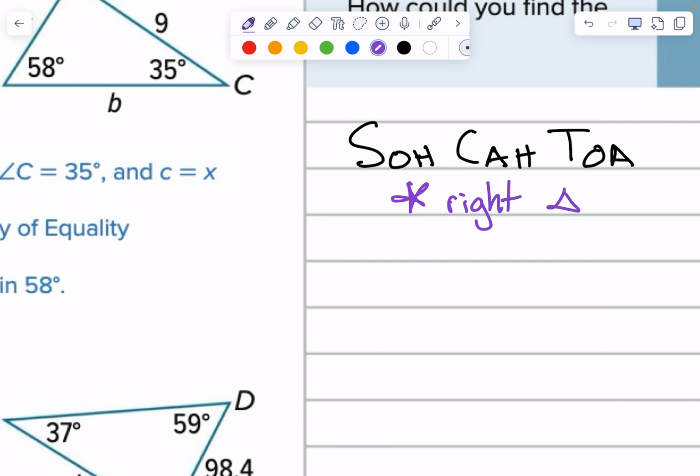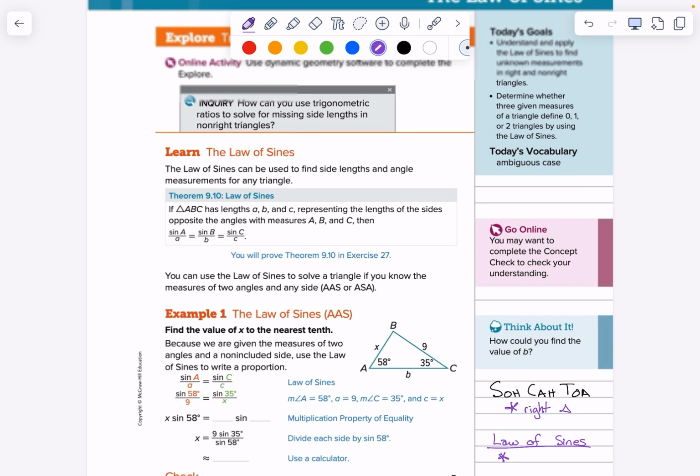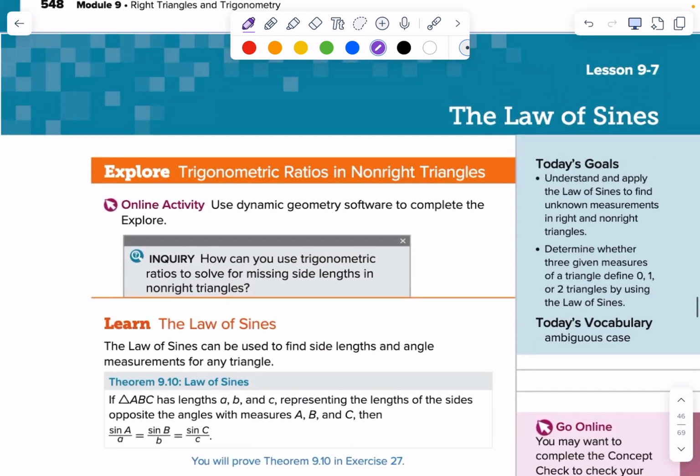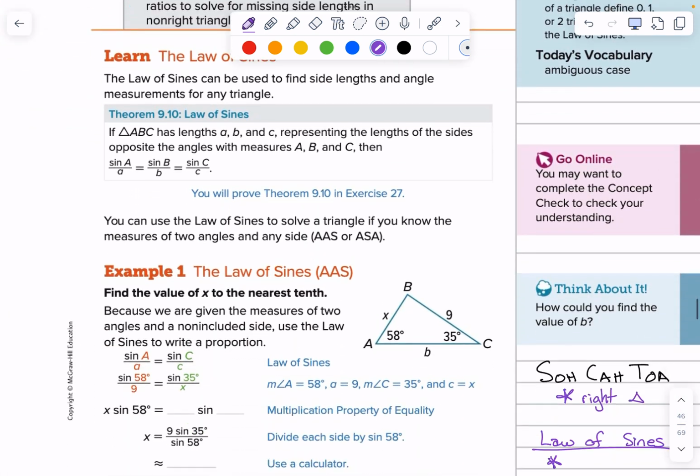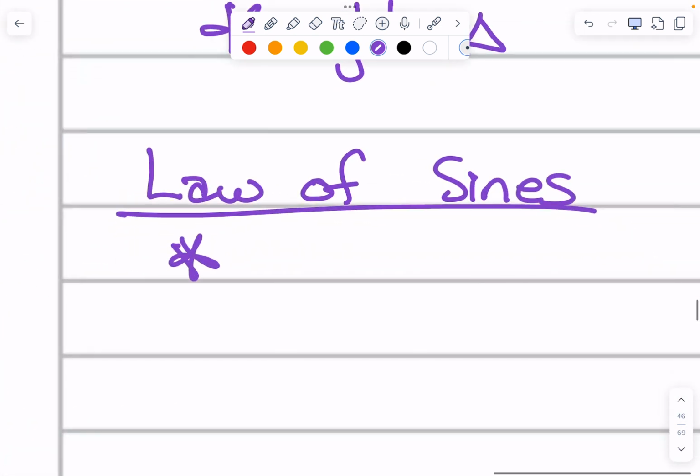Today, we are learning what's called the law of signs, and the law of signs is for non-right triangles. Can you use it for right triangles? You can, in fact. So it's for all triangles. I'll just put all triangles.